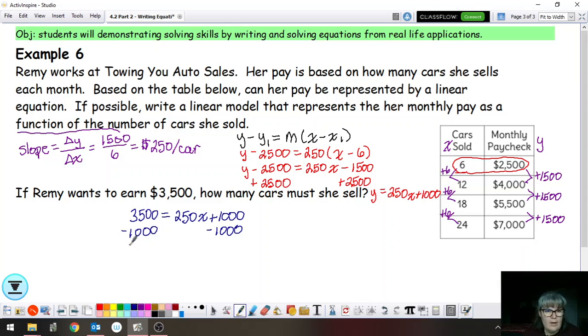And we have 2,500 equals 250x. Divide both sides by 250. And she will need to sell 10 cars to earn $3,500 that month.